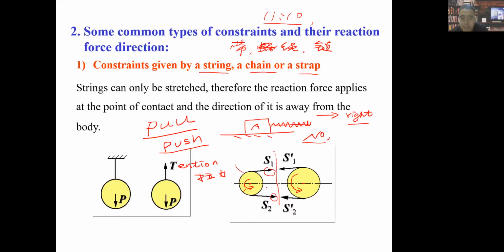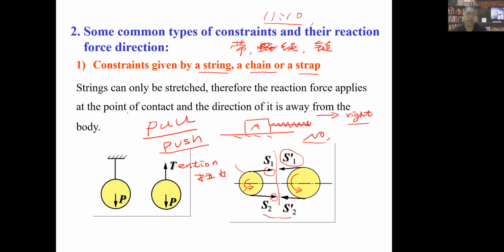And from the action and reaction force point of view, the left part also has an action force onto the right part. This is S_E prime, second prime. Actually, this is a pair of action and reaction forces, and this is also another pair of action and reaction forces, right?